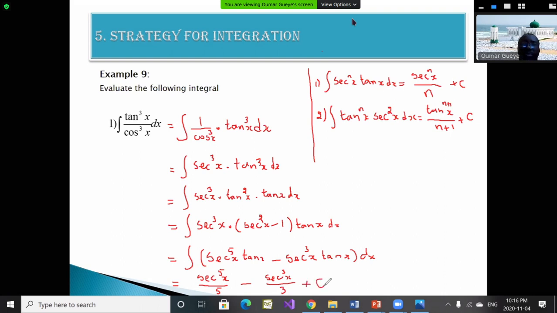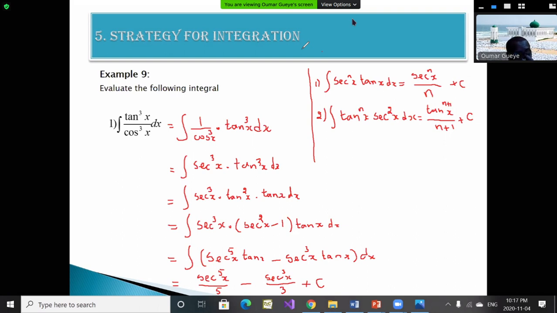So you can see we manipulated in order to get one of the formulas that we've seen, and we applied it. If you don't remember the formula now, what you can do is use a substitution rule as I told you. You can set, for example, u equal to secant, and you calculate your du.